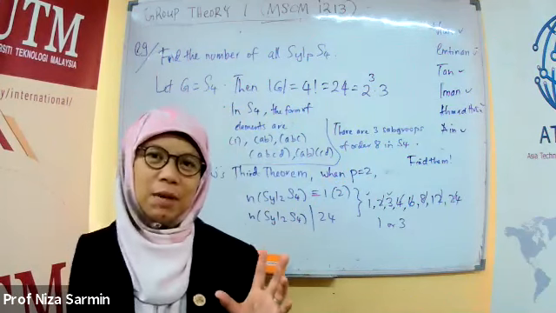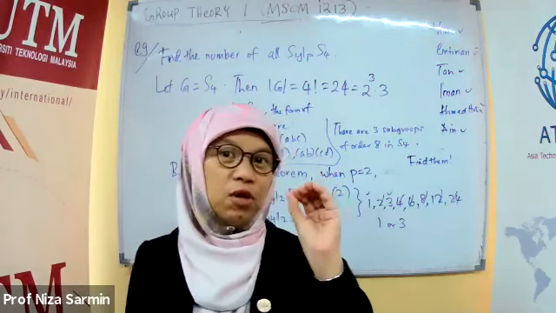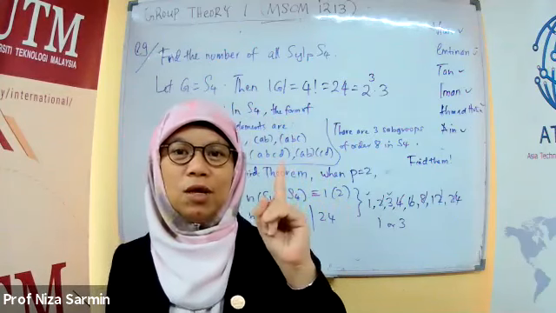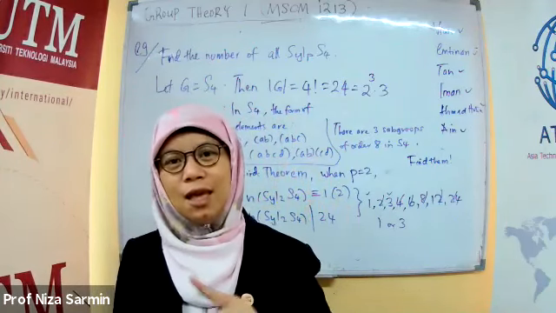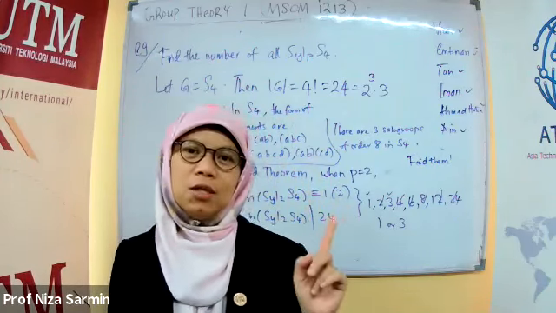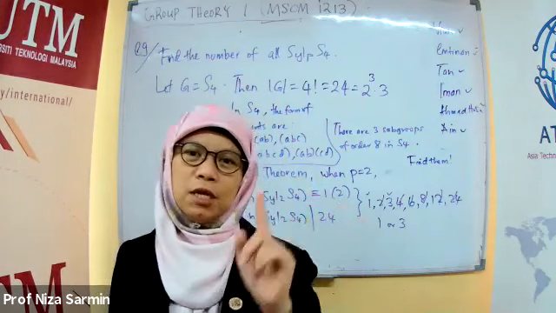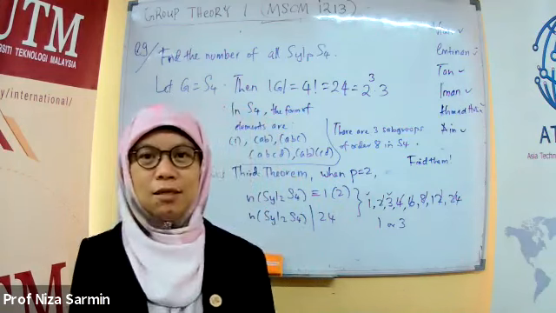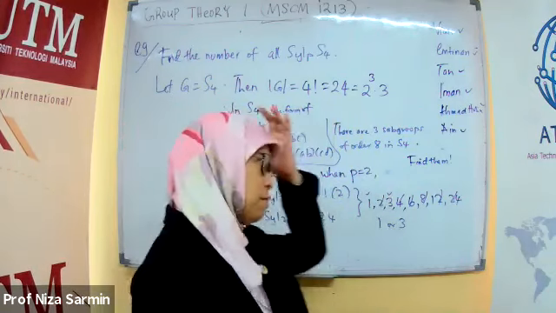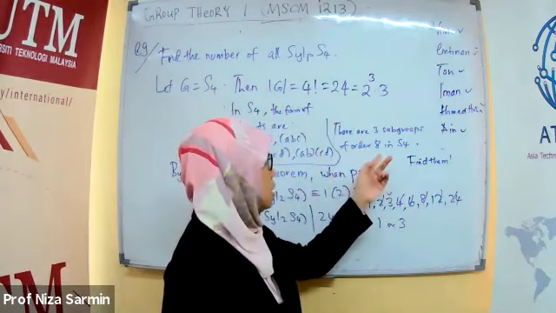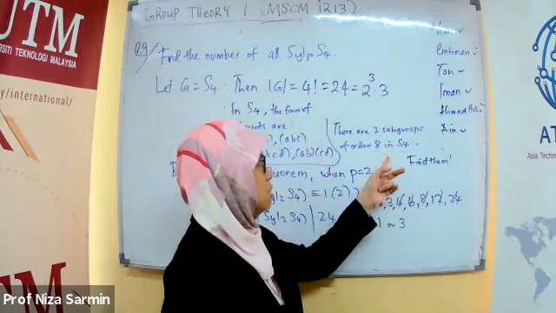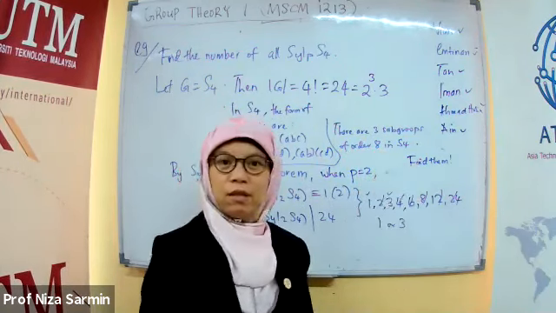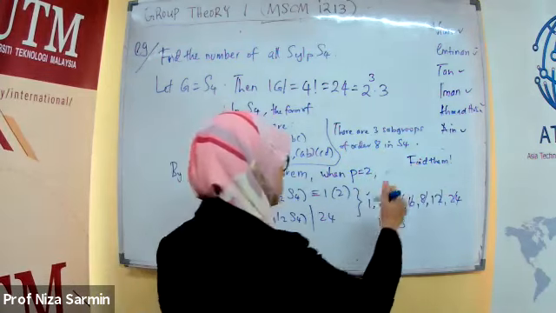You remember last time I said there are 5 groups of order 8. One is cyclic, Z8. Another is Z2 plus Z4, then Z2 plus Z2 plus Z2, quaternion, and dihedral. So it's not cyclic, but there are 3 subgroups of order 8 in S4. You have to find them.